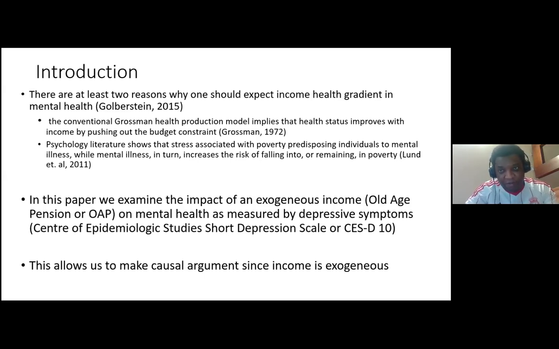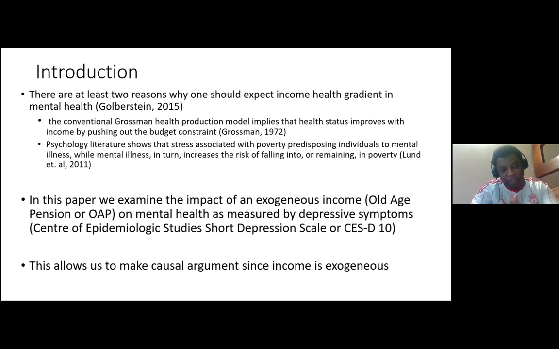There are two basic reasons why we expect income to vary with the health of an individual. The conventional Grossman health production model implies that if you have more income, you can shift the budget constraint outwards, which means you are increasing your utility, which is measured with health in this case.